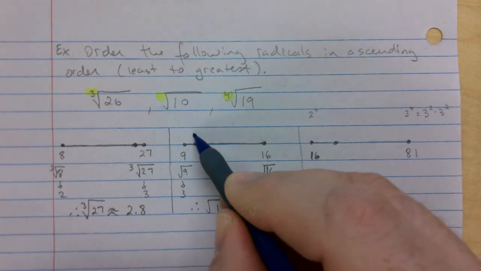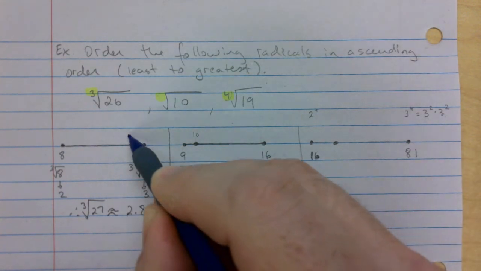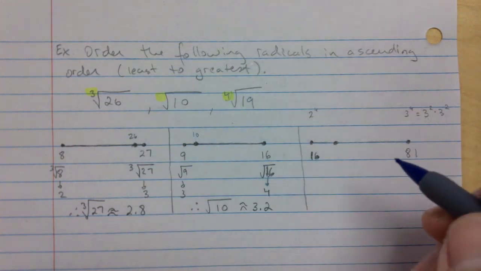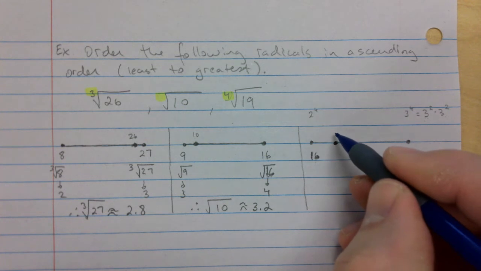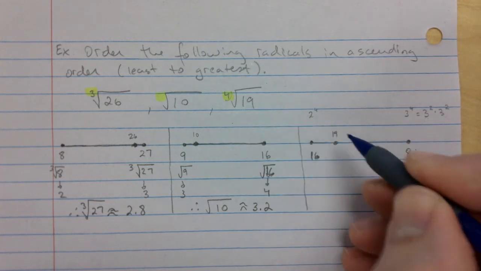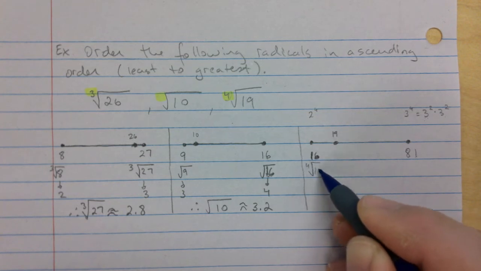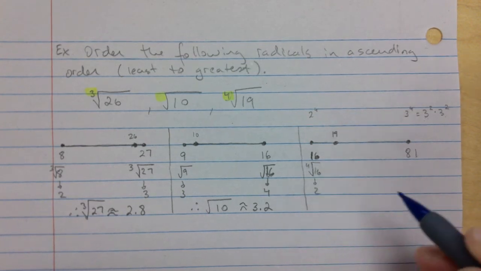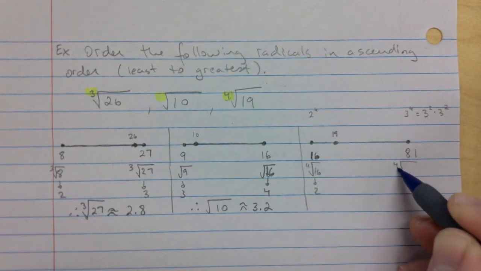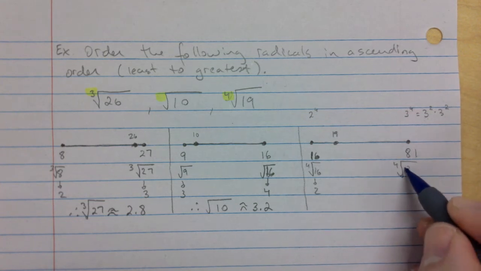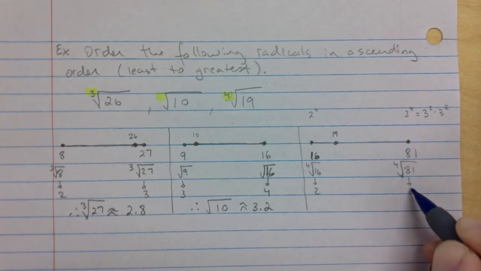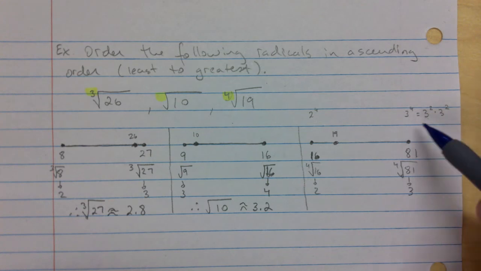So I'll put this down. This is 10. 26 is right about there. And here you have 19 is right about there. So since the fourth root of 16 is 2, we know that the fourth root of 81 is going to be 3 because of this.